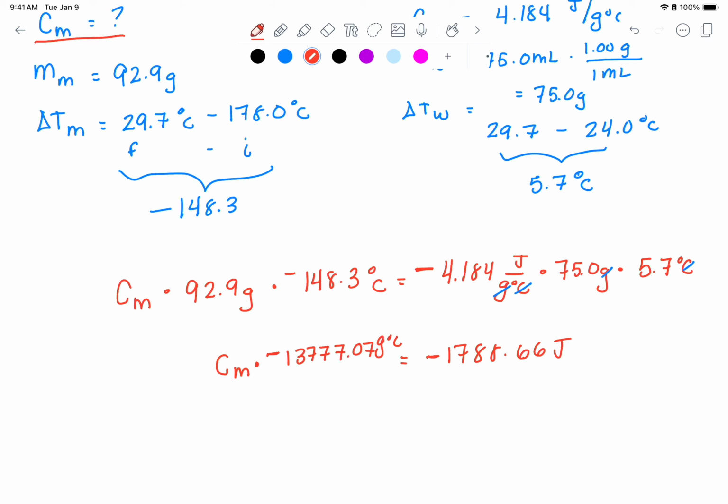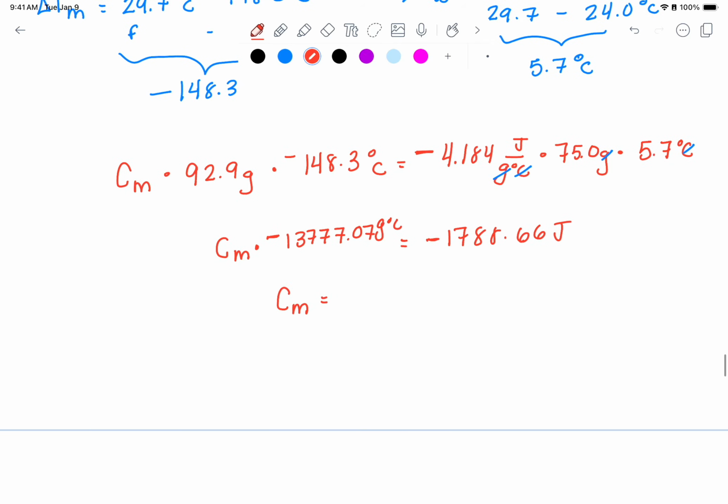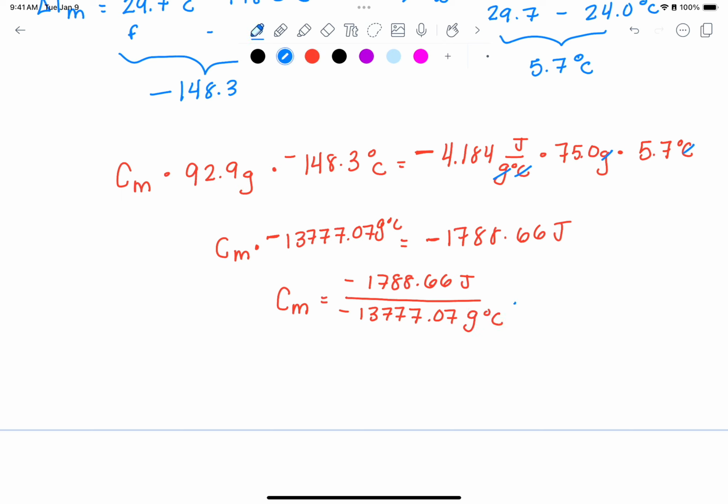We're going to be left with a positive, which is what we want for a specific heat. So Cm is equal to negative 1788.66 joules divided by negative 1377.07 grams degrees Celsius. If we look at our units, joules per gram degree Celsius is the unit we want for a specific heat, so that's great.